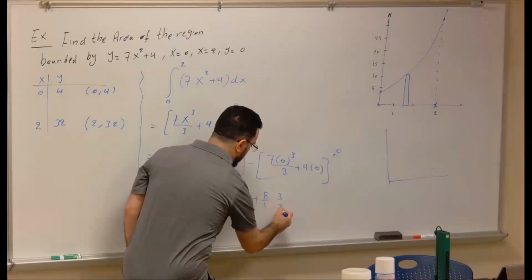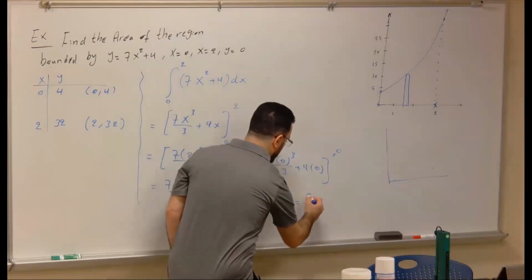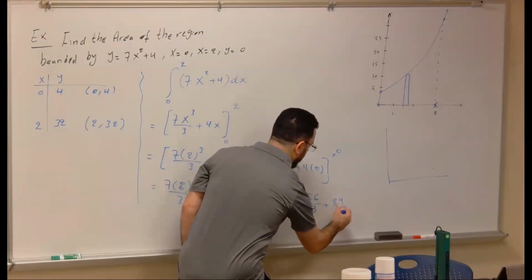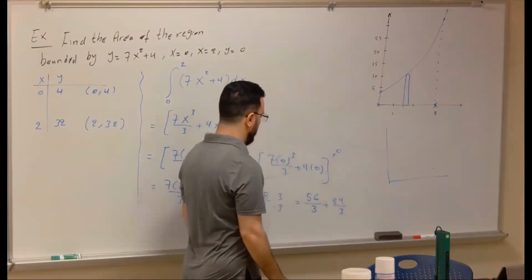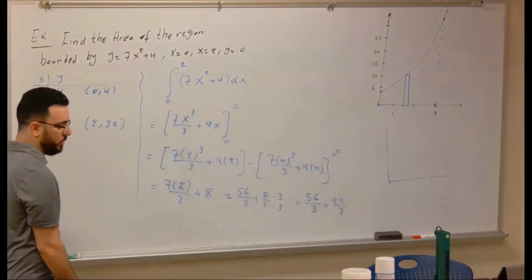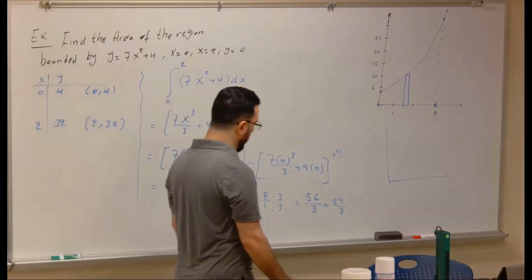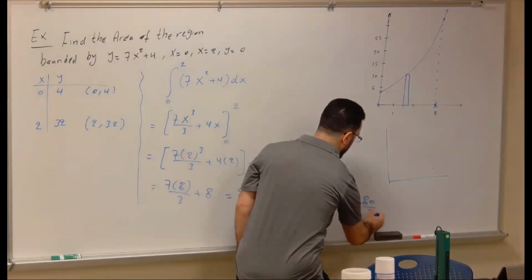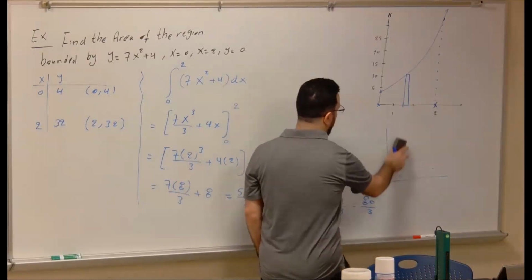So times the 3, times the 3. So it's going to be 56 over 3 plus 24 over 3. So check here.